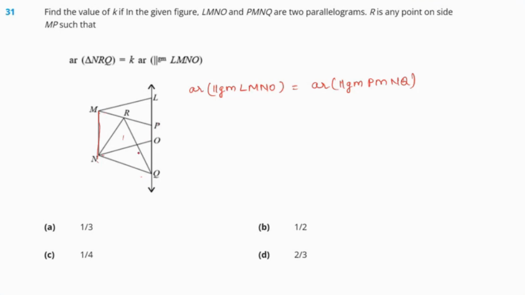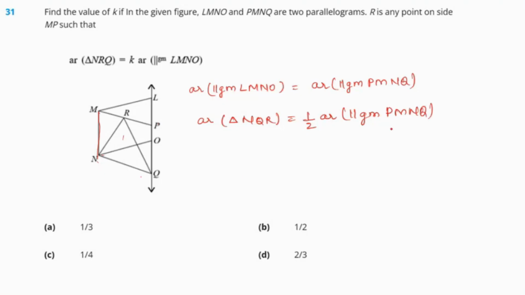The area of a triangle with the same base and between the same parallel lines as a parallelogram is half the area of the parallelogram. This theorem we already know. So the area of triangle NQR should equal half the area of parallelogram PMNQ.